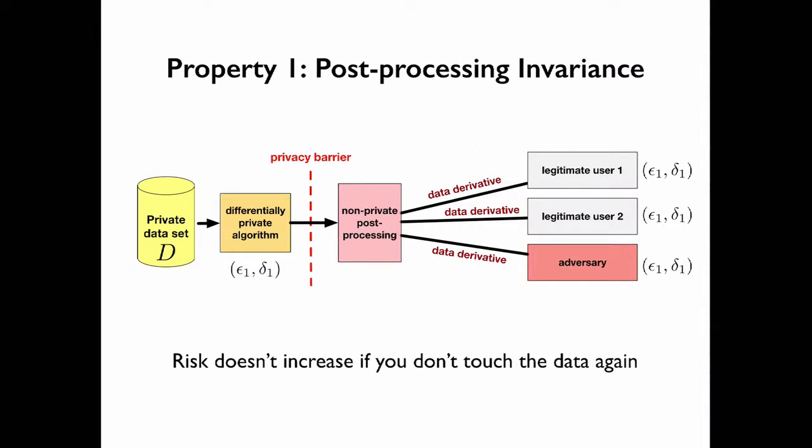Suppose you have your private data set, and then you have a differentially private algorithm which crosses the privacy barrier. Then you take the output of the differentially private algorithm and do a lot of post-processing that does not involve the private data again. You cross the privacy wall and then you don't touch the private data again. If that is the case, then your privacy risk is not going to increase. This is quite an interesting property.